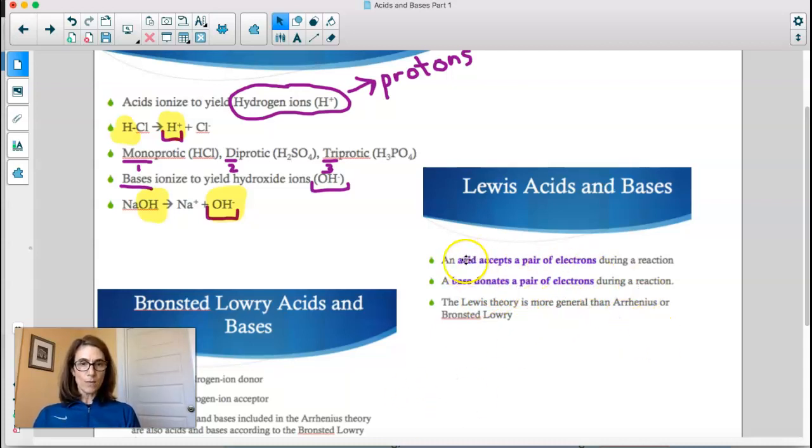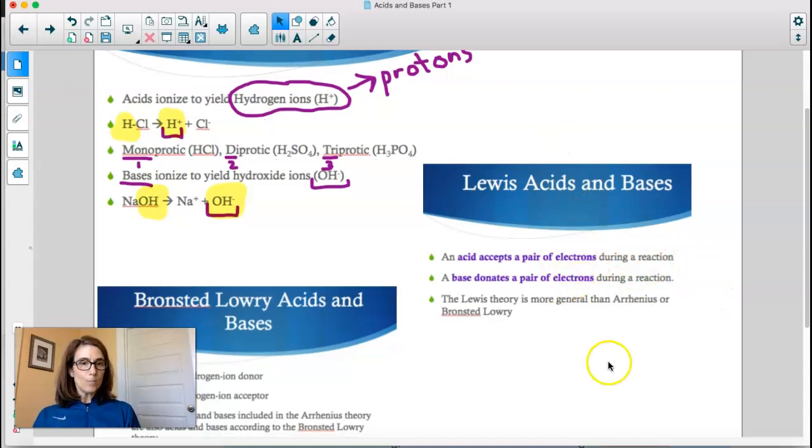So if an acid is accepting a pair of electrons, the acid is the thing that becomes more negative during a reaction. And if a base donates a pair of electrons, you could look at the base as the thing that becomes more positive during a reaction.